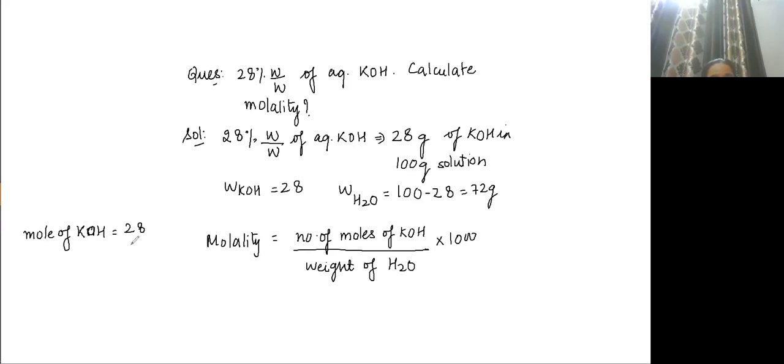28 divided by 56, that is equal to half or 0.5. So what will be molality? Moles is 0.5 divided by 72 into 1000.